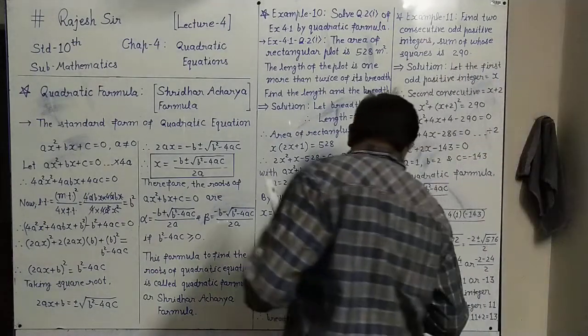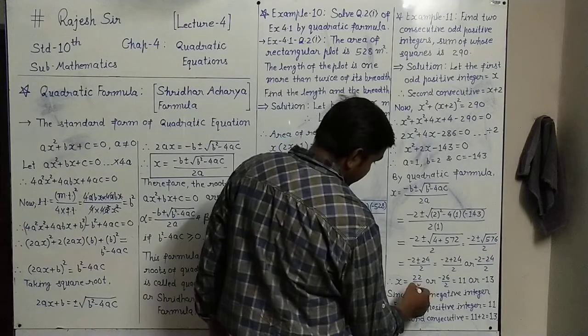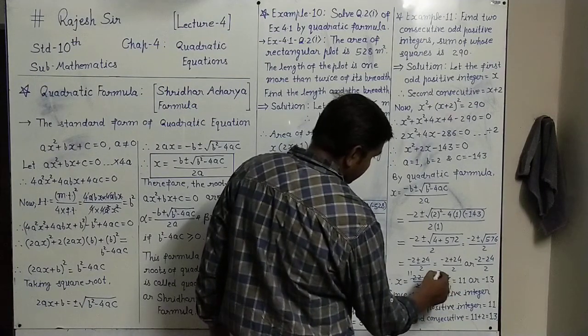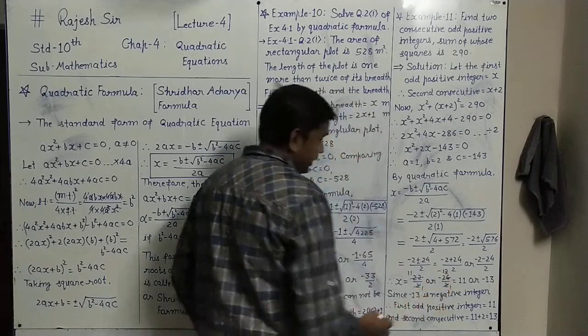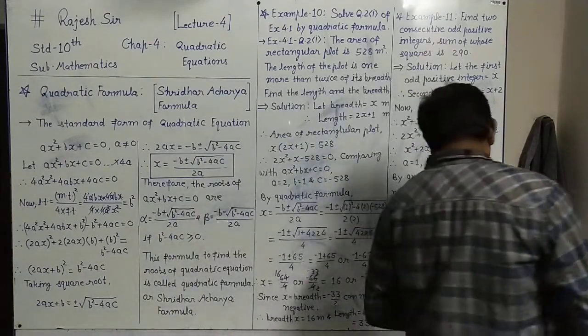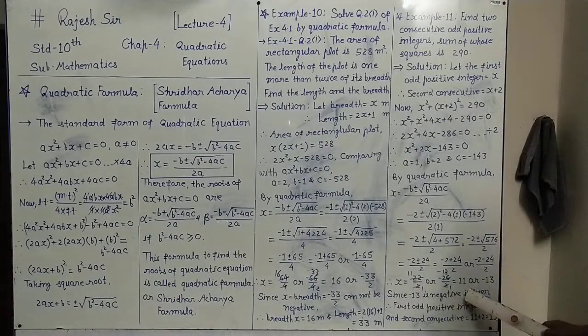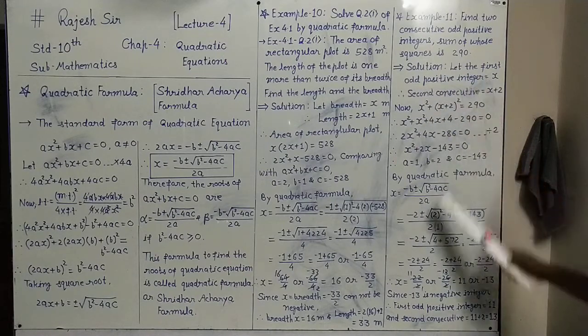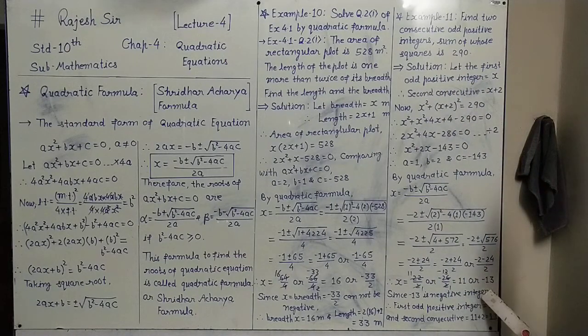Now just a simple calculation and cancellation here. 2 ones are 2, 2 elevens are 22, and 2 ones are 2, 2 thirteens are 26 with a minus sign. So we have x equals 11 or minus 13. Since minus 13 is a negative integer and we are asked only for odd positive integers, minus 13 is not possible to take in this situation.